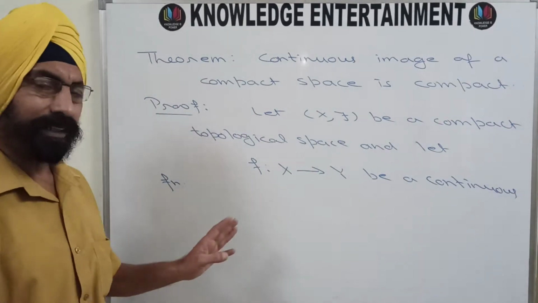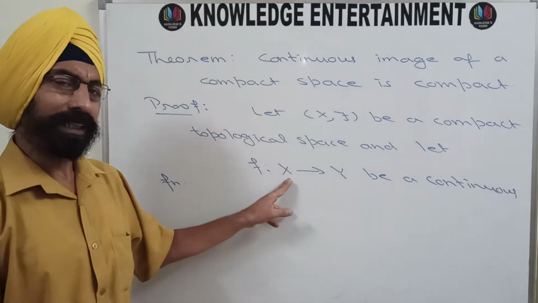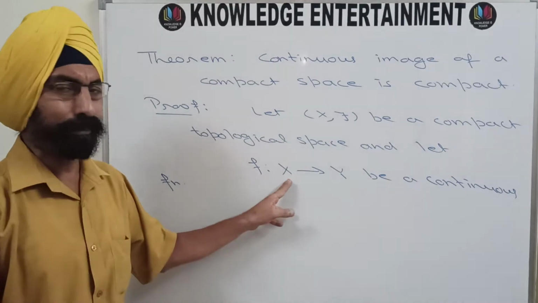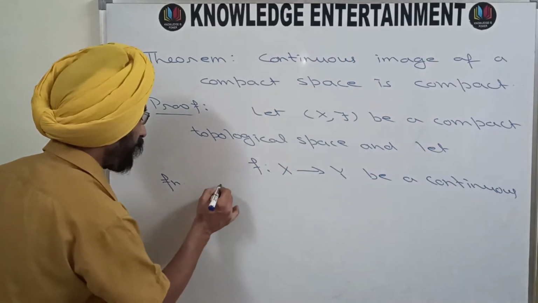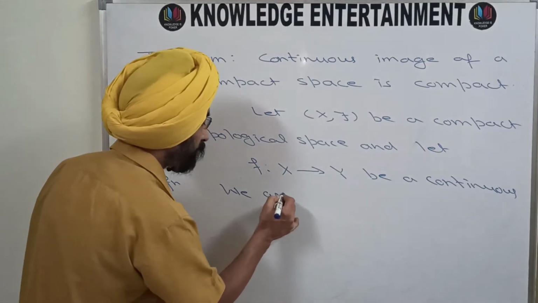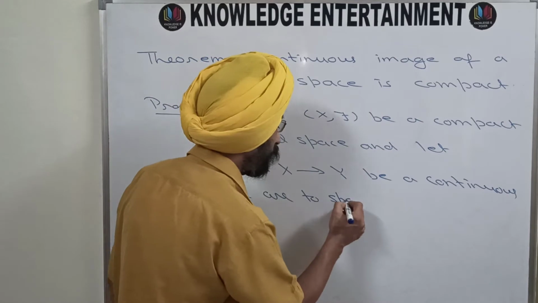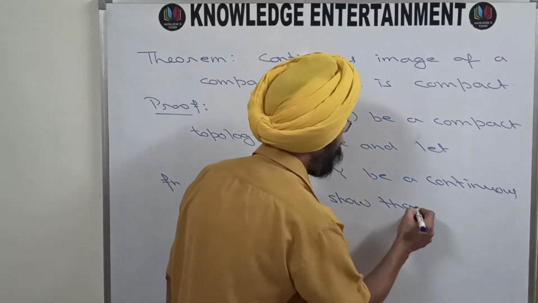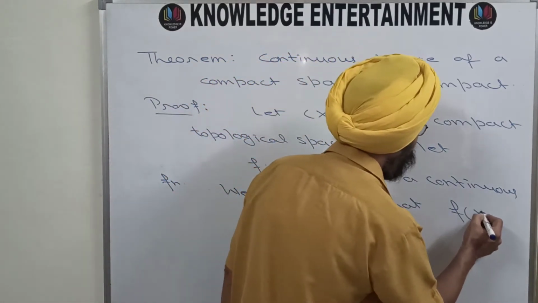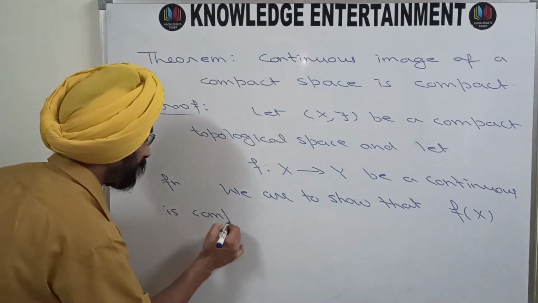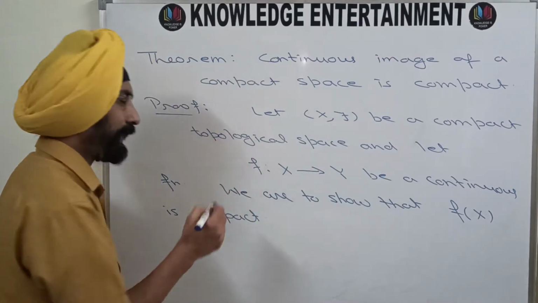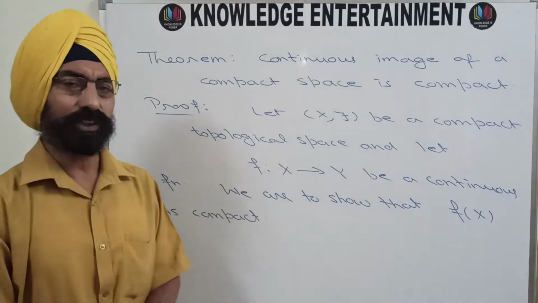What we have to prove: X is compact is given, we have to show that its image, that means f(X), is compact. We are to show that the image f(X) is compact. To show that f(X) is compact, what do we have to do?